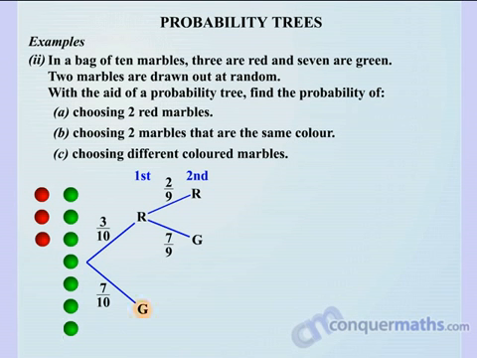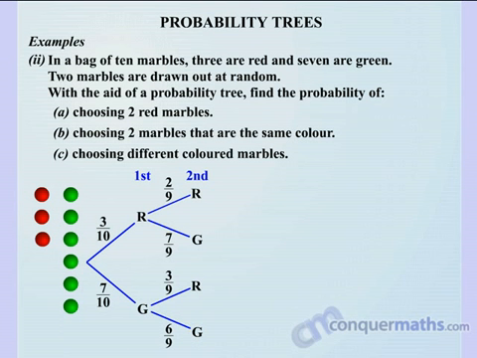Now what if our first marble in fact was green? So let's take a green one away. Well, our second marble could be a red or could be a green. The chance of it being red, have a look at the diagram. There's 3 marbles out of the 9, so there's 3/9. That's the chance of it being red. What about the green? Well, how many greens are left? There are 6 out of the 9, so the chance is 6 out of 9.